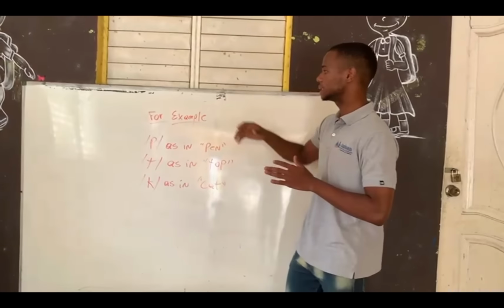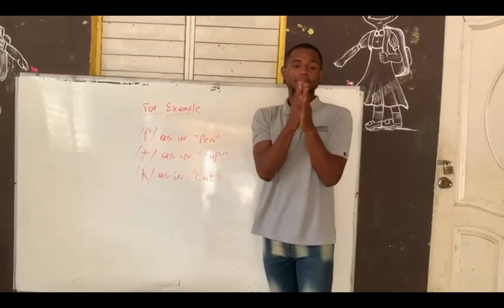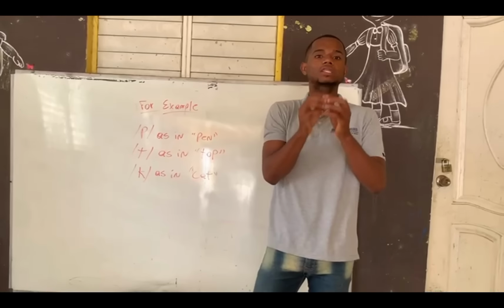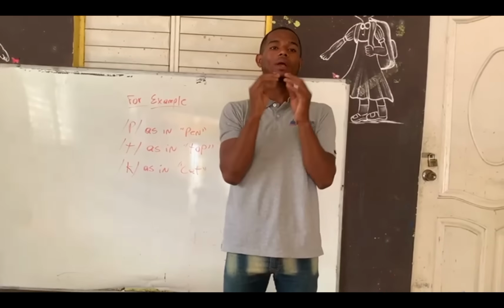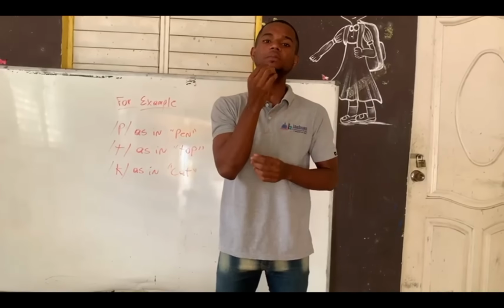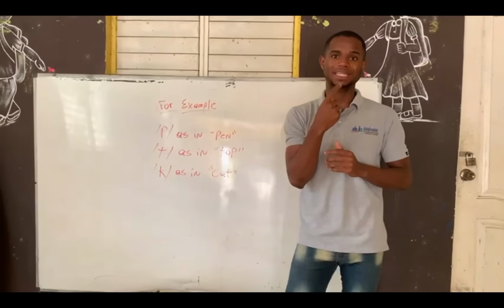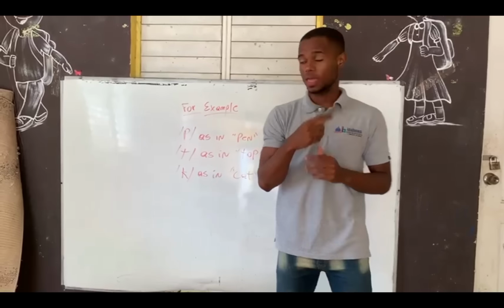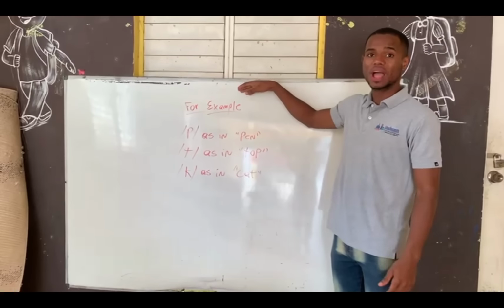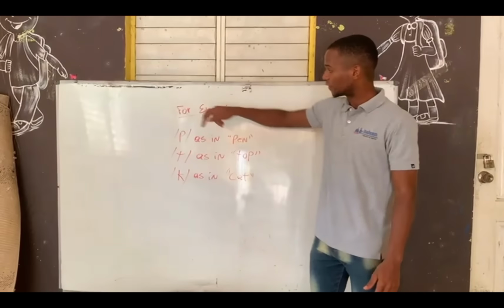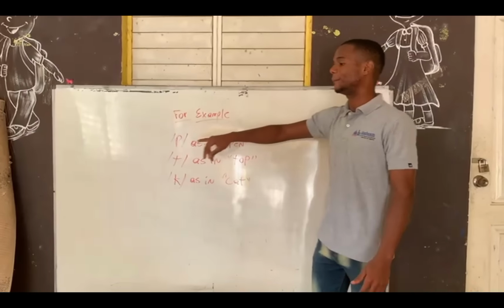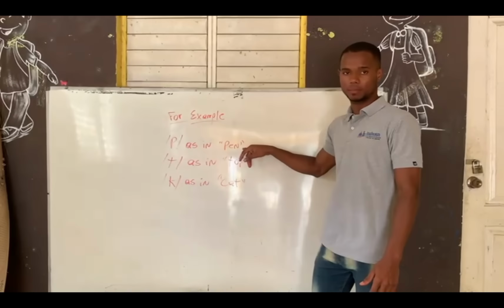Let's start with the consonants. Consonants are sounds we make when the airflow is blocked in some way: by the lips, by the teeth, by the tongue. Here we have some examples. The first one is P, as in pen.